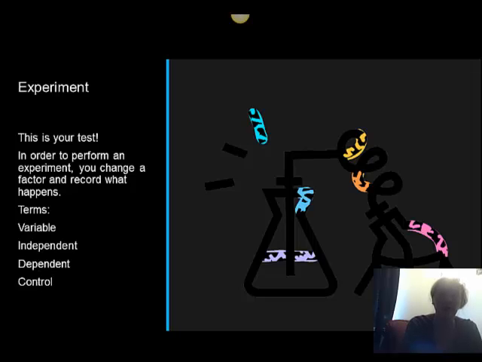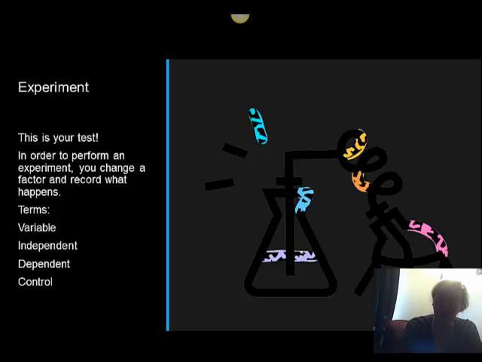There are certain terms you need to understand with regards to experiments. For example, your variables, your independent, dependent, and control. Your independent variable, also known as the manipulated variable, this is what you're going to change. It's the factor that you're going to change.